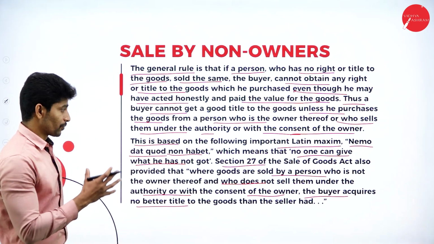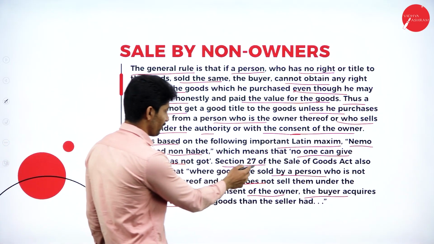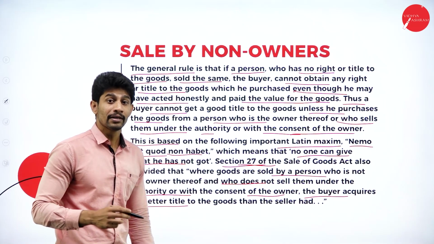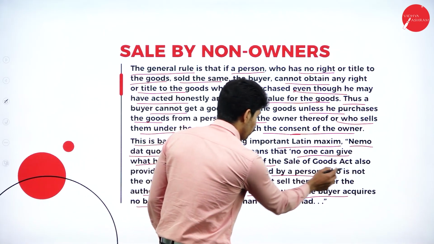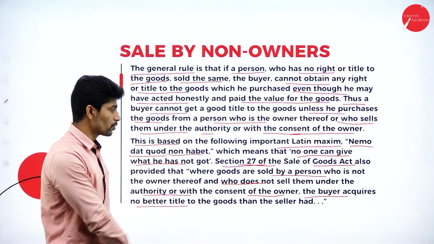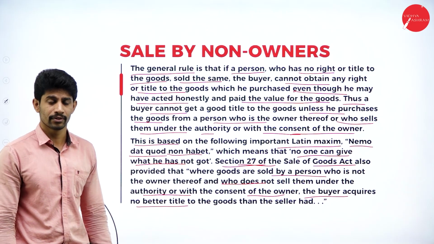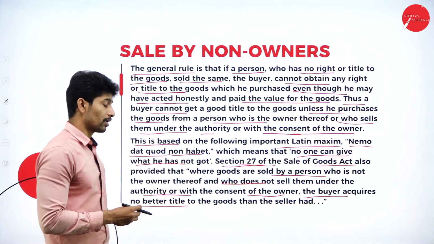Here, according to Section 27 of the Sale of Goods Act 1930, goods are sold by a person who is not the owner thereof.